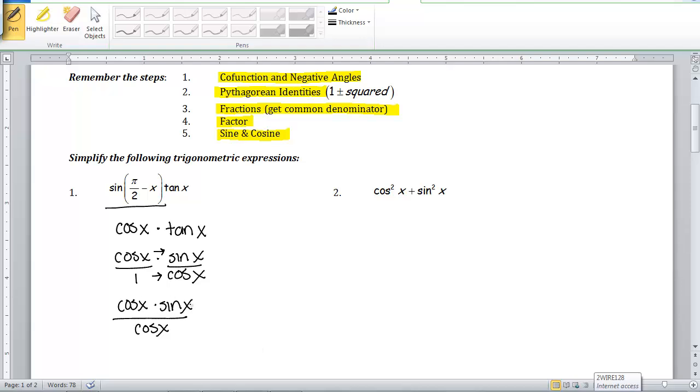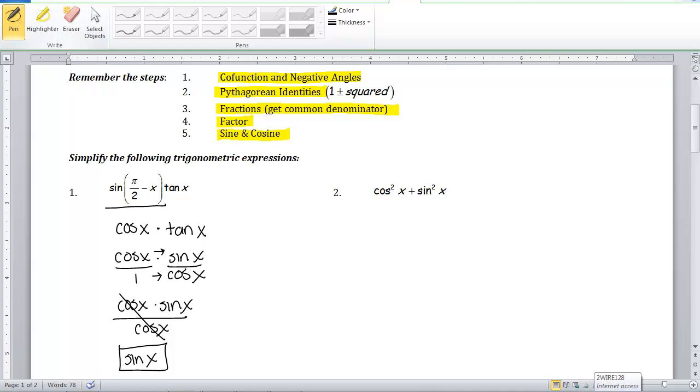Since this is multiplication in the numerator, anything divided by itself simplifies to a value of 1 and cancels out. And so 1 times the sine of x is the sine of x. Since that is one term, I am fully simplified.